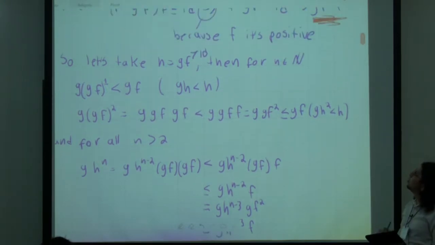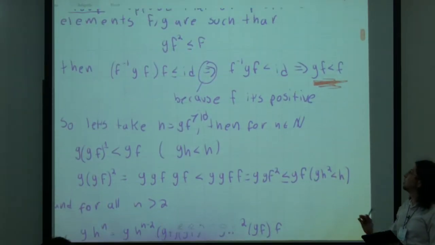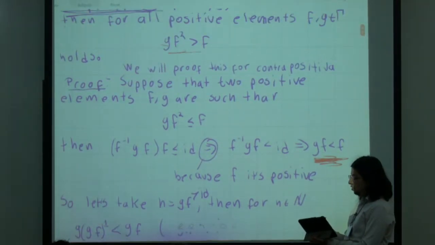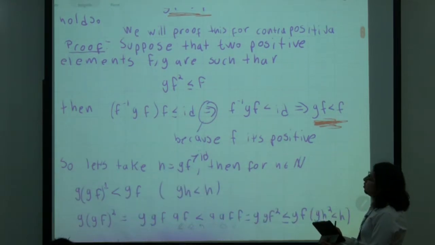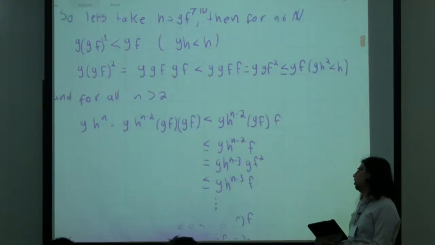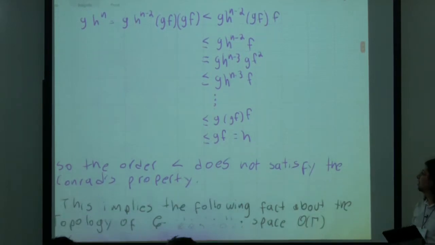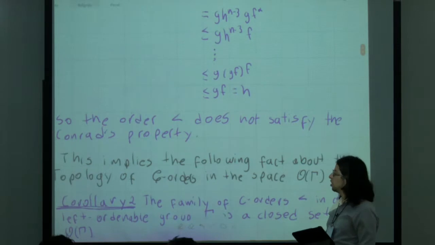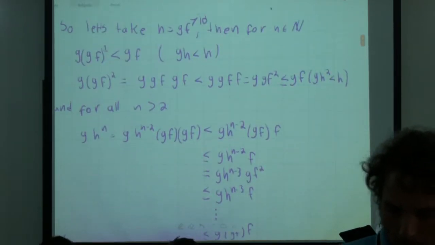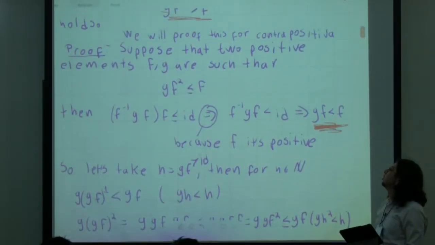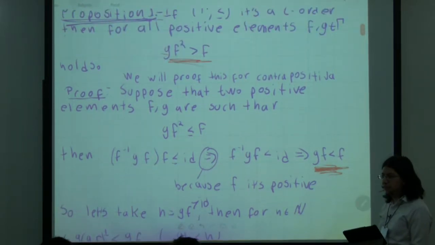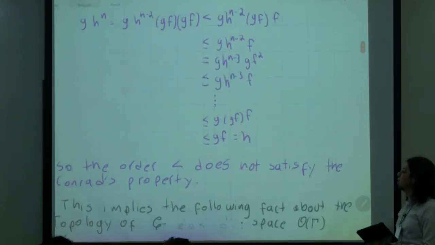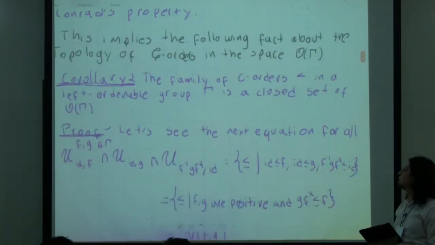So if we have some element that doesn't satisfy this inequality, it's not a Conrad order. So every Conrad group and every Conrad order must satisfy this inequality, right? And this proof is again from a student of Andres.